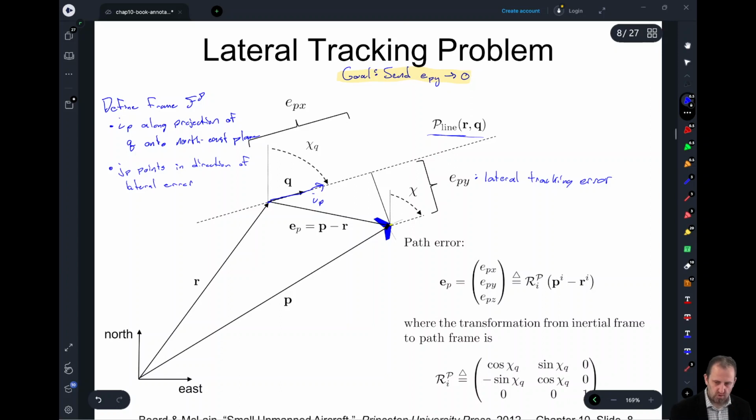And to do this, just like our heading, we'll take our z-axis, which goes into the board, and we'll rotate around it by this angle chi sub q. So this is going to be a rotation, which I'll write as R sub z of chi sub q. So that's where we get this guy right here.